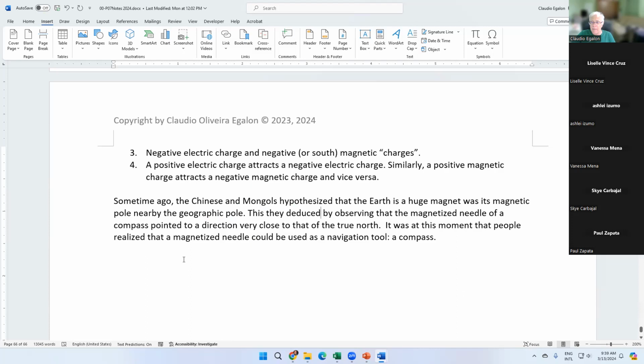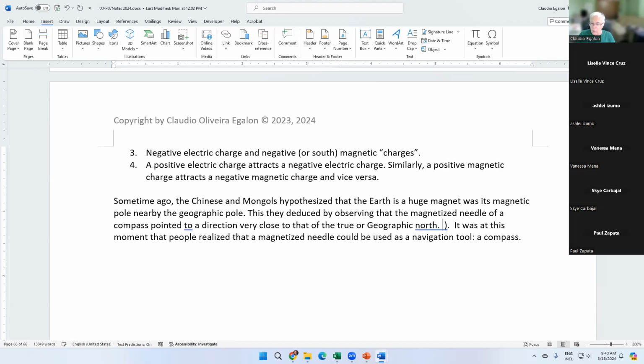By observing the magnetized needle of a compass, they saw it pointed to a direction very close to the true north. The true north is determined by the polar star, right? True, or geographic, north.